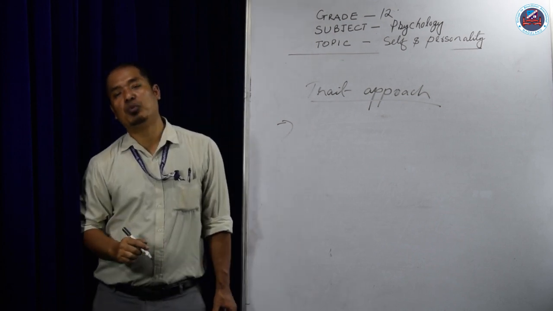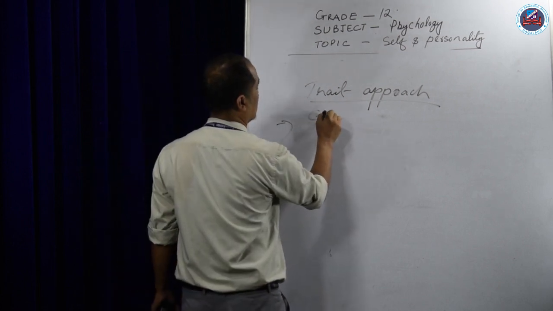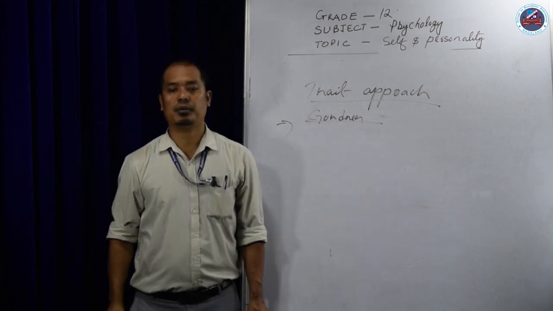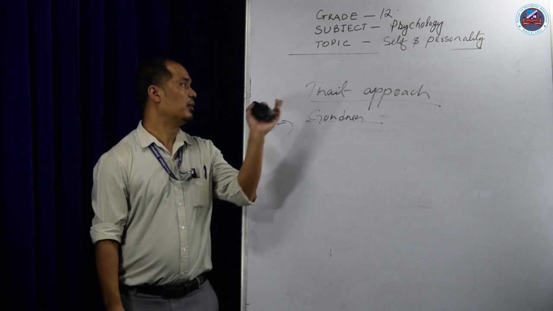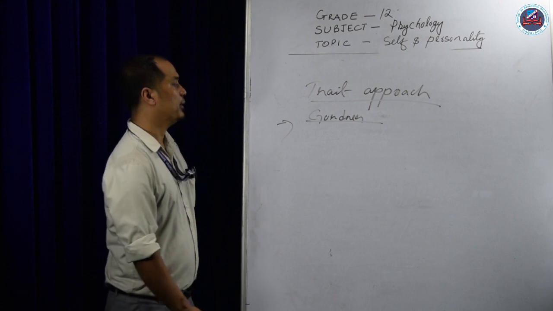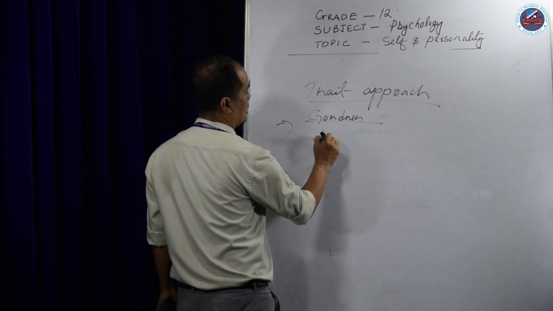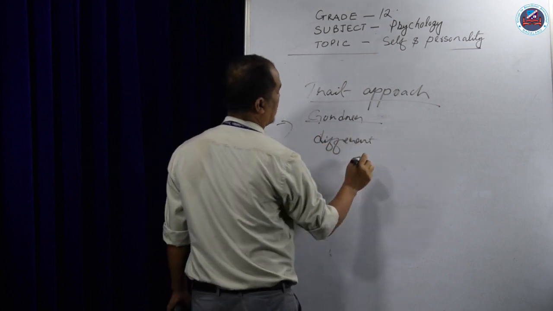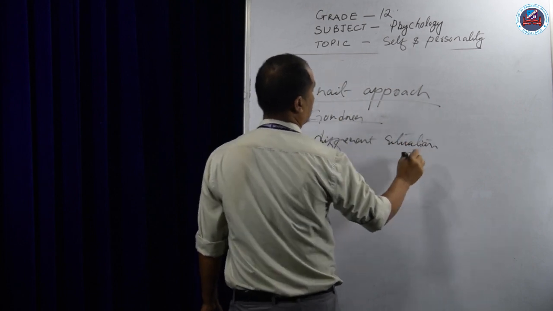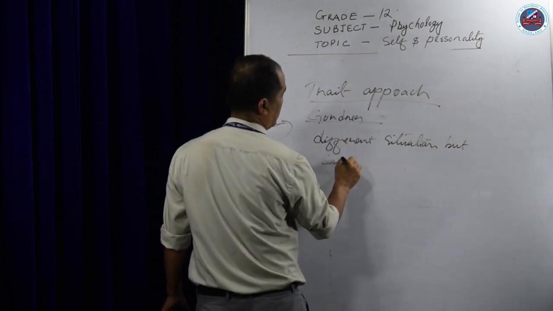The first person that we meet in the trait approach is called Allport. He's the first person who talks about the trait approach. According to him, different people, different situations, but same approach.